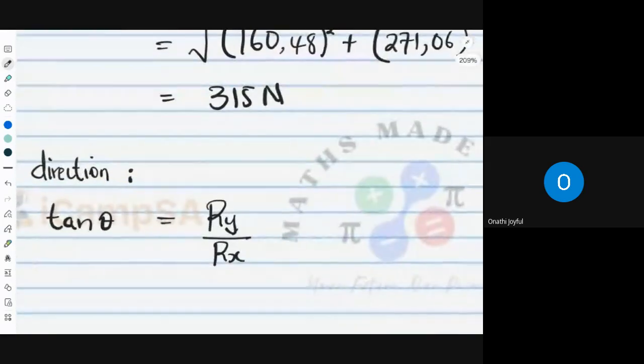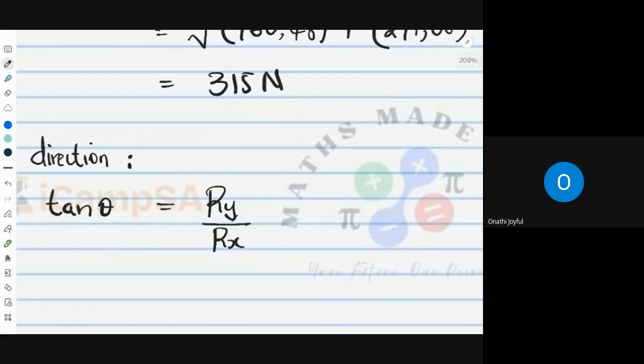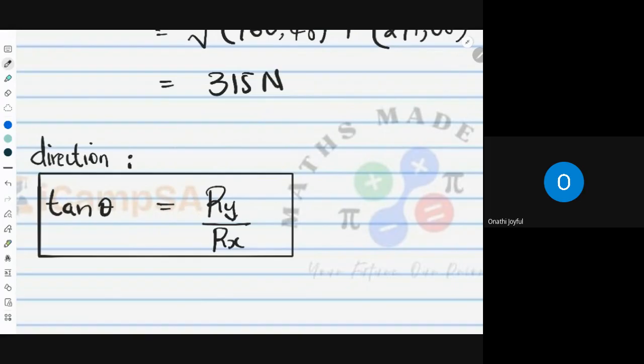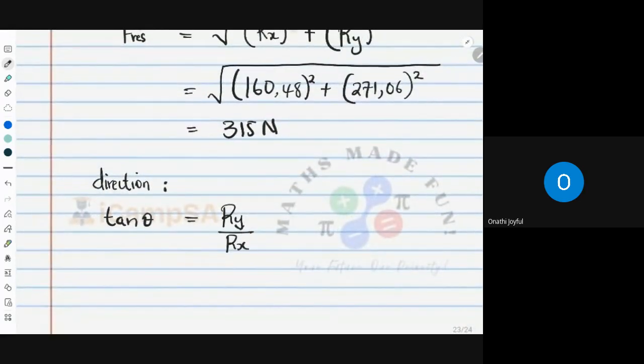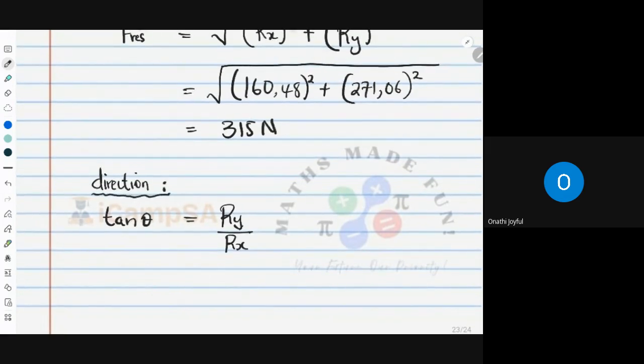But 90% of the time, this is the formula you use to find the direction. If it's a different case, your knowledge of mathematics will save you. It's what I always say: if you don't know your maths, you will not be able to do physics properly.